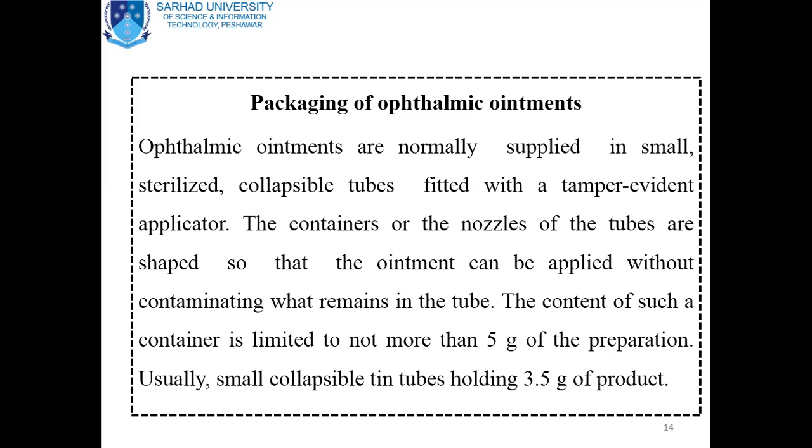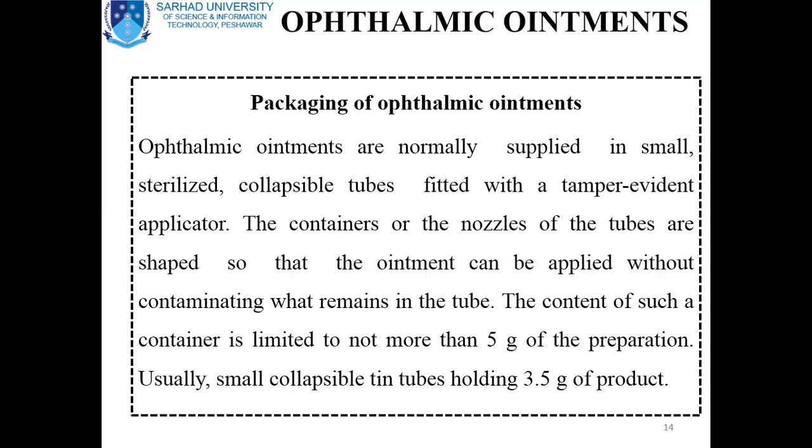But I have told you in the previous lectures that most of the ophthalmic ointments are packed in the tubes, that is collapsible, small collapsible tube, and amount is 3.5 gram in the usual cases. And remember that the content should not exceed 5 gram of the product.